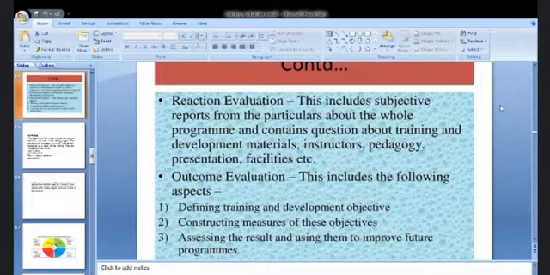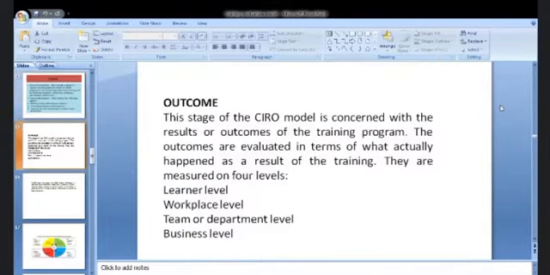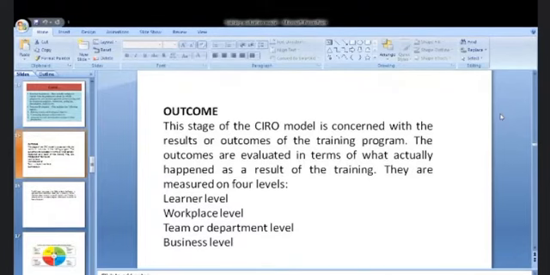Outcome evaluation involves defining the training and development objectives, constructing measures for these objectives, assessing the results, and using them to improve future programs. What actually happened as a result of the training program is evaluated under the CIRO model.